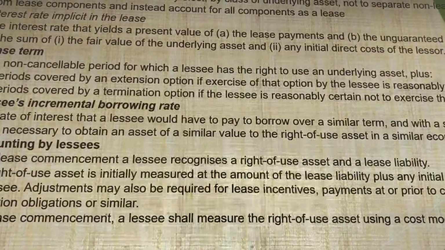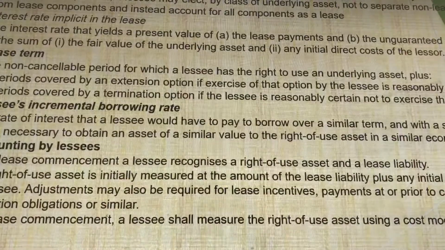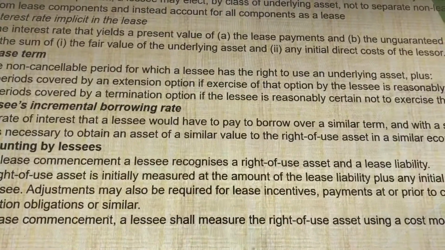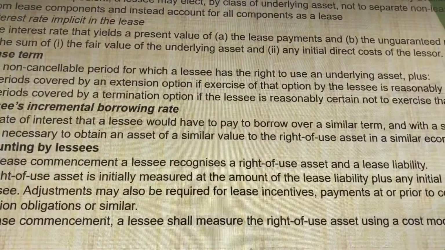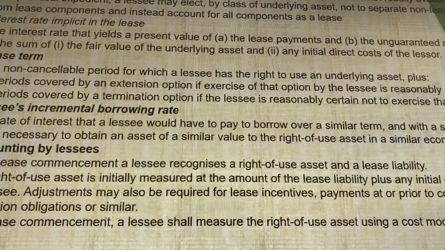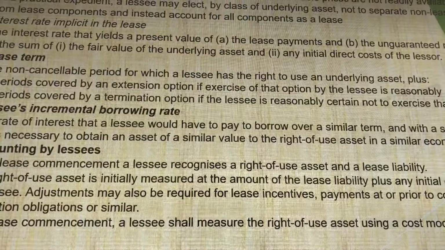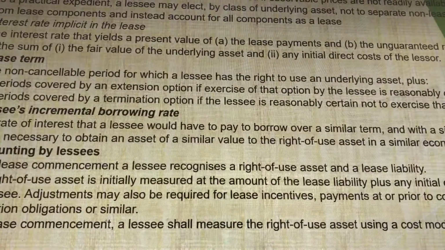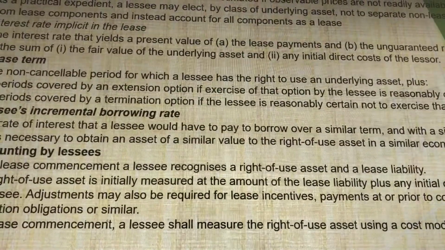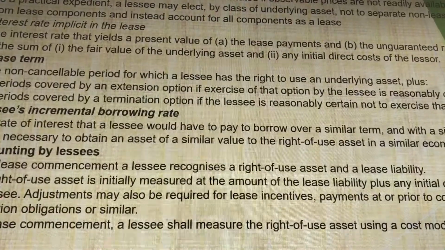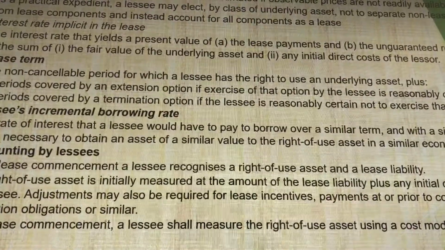Let's separate the components of a contract. For a contract that contains a lease component and an additional lease or non-lease component, such as the lease of an asset and maintenance, consideration is payable on the basis of relative stand-alone prices.